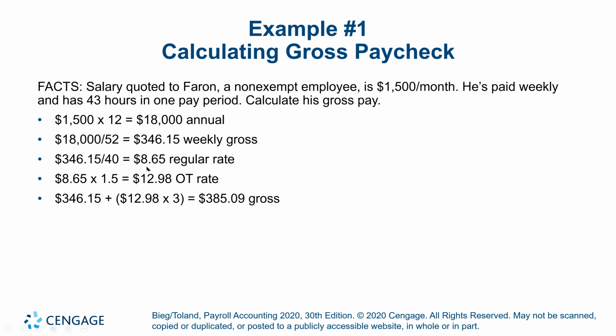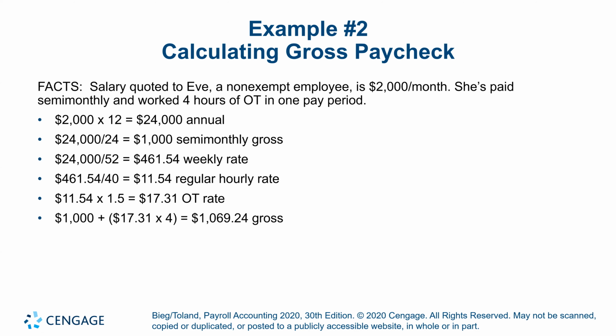Once we have that hourly rate, we can calculate what is our overtime rate. So 8.65 times 1.5, 12.98 overtime rate. And then we can take our regular pay plus our overtime pay to get our $385.09 gross pay, right?